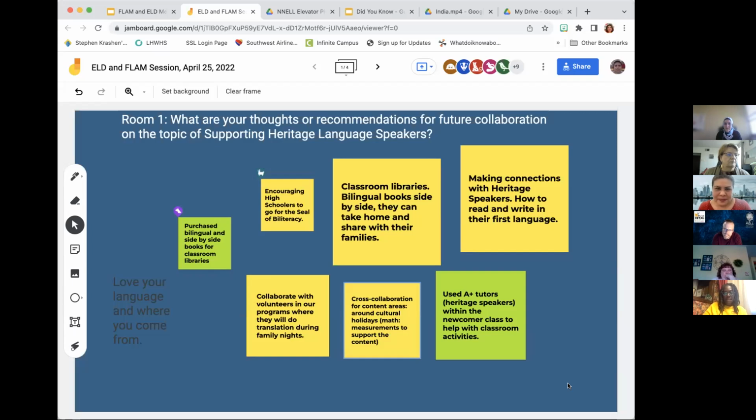More things, making connections with heritage speakers, how to read and write in their first language. And then to collaborate with volunteers in our programs where they'll do translation for family night. I think that again was Ms. Bates saying often having those students come help with translation with families.